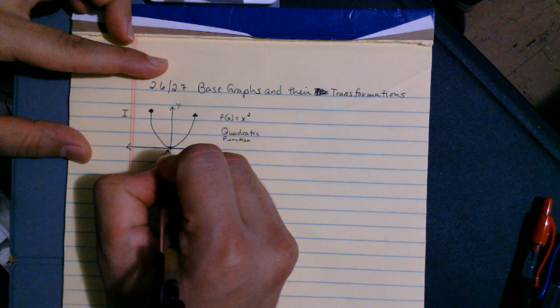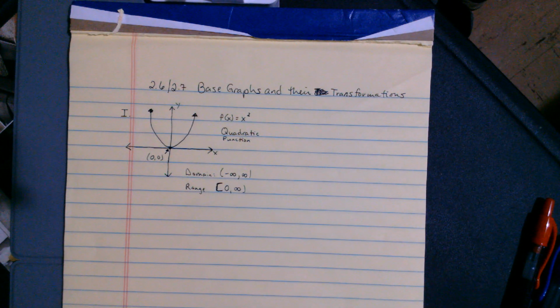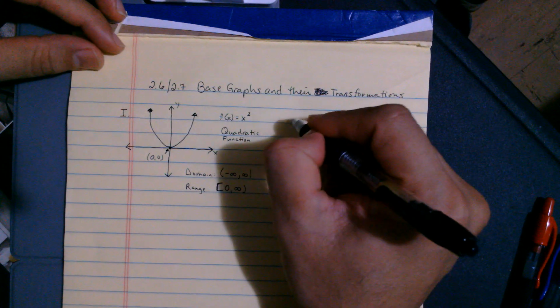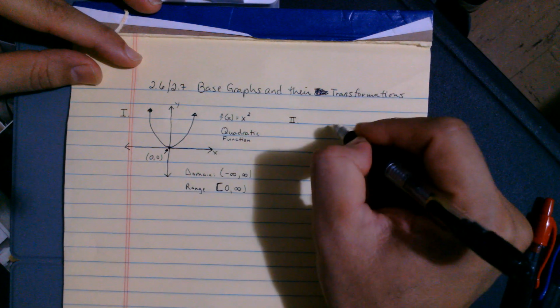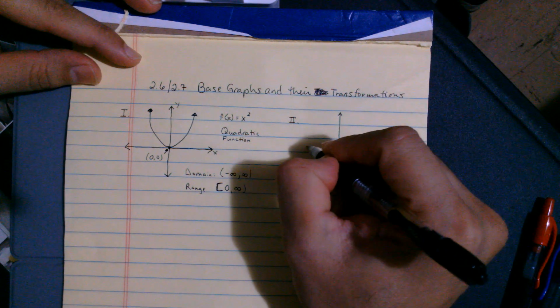You can notice that the point here is the point 0, 0. That's essentially what we call the vertex, but we'll get to that later on in chapter 3. That would be your quadratic.